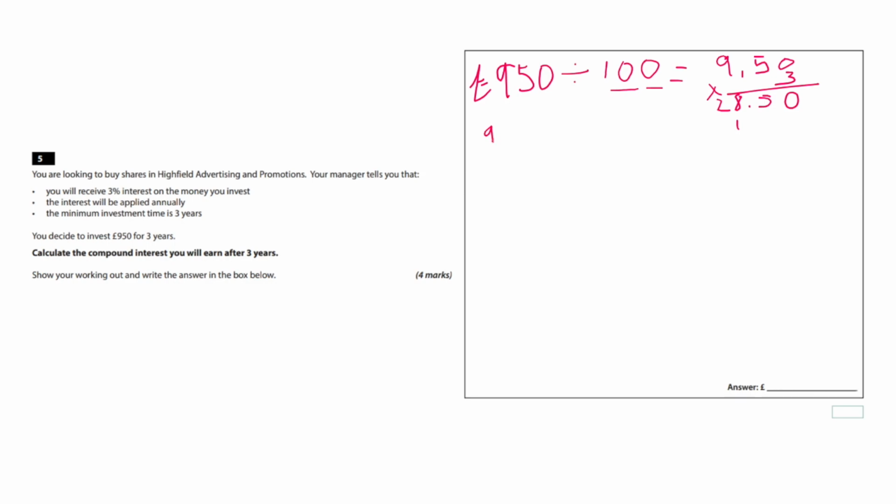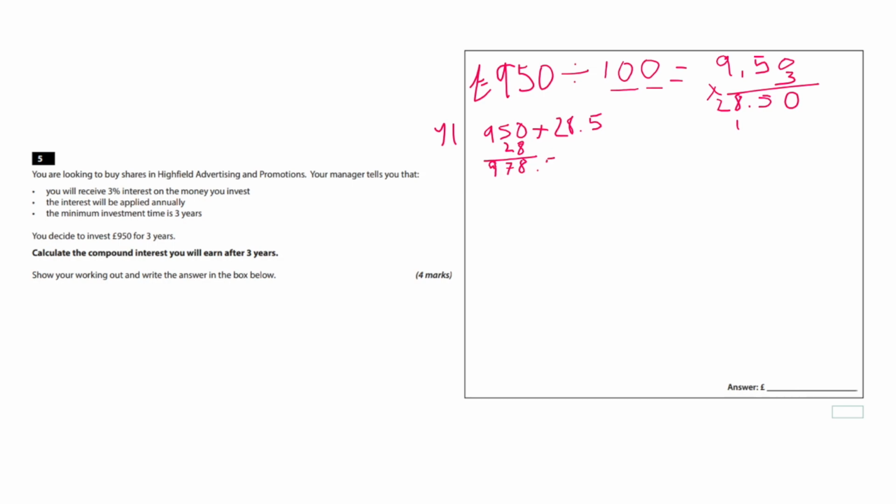So 950, let's just put year 1 there. 950 plus 28.5. So I'll put that there. 0, 5, 8, 9. That's what it will be after the first year.